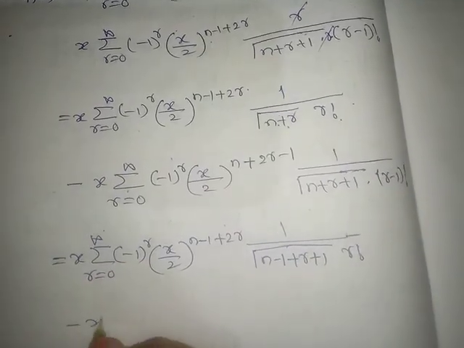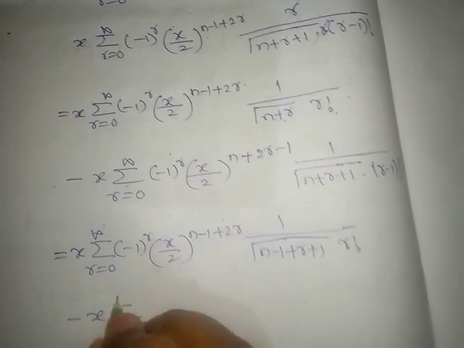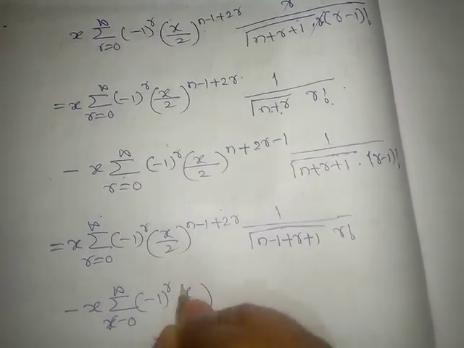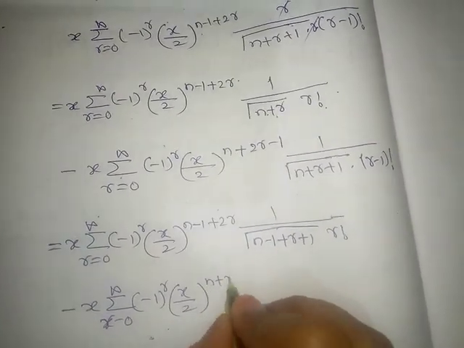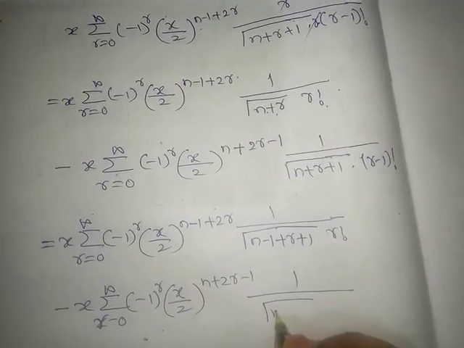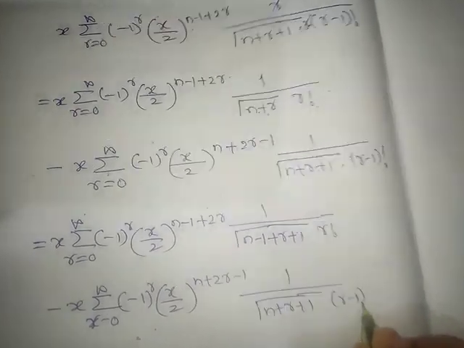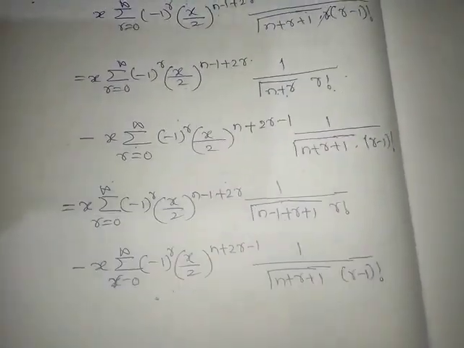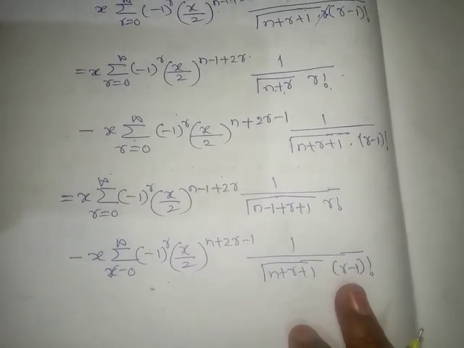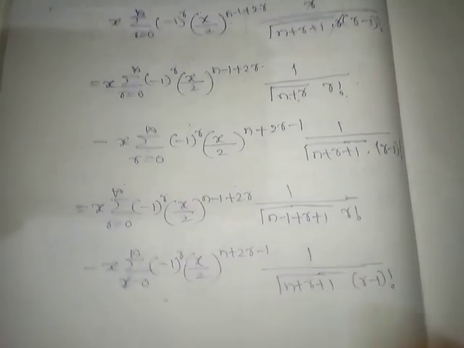The remaining is the same: x into summation r running from 0 to infinity, minus 1 raised to r, x by 2 raised to n plus 2r minus 1, 1 divided by gamma of n plus r plus 1 into r minus 1 factorial. Now see, in our standard results we have only r factorial, so we have to avoid this r minus 1.